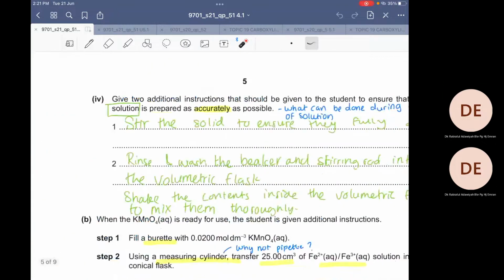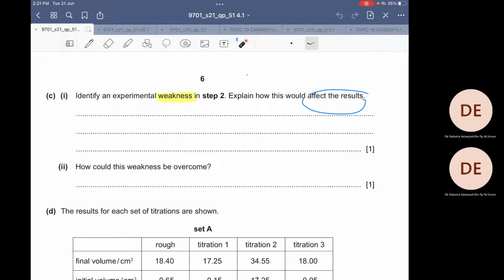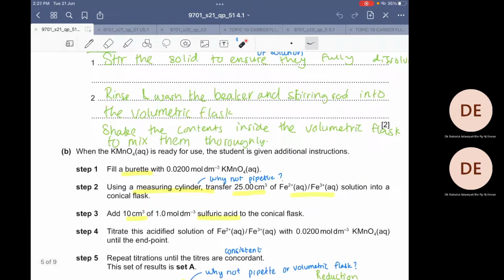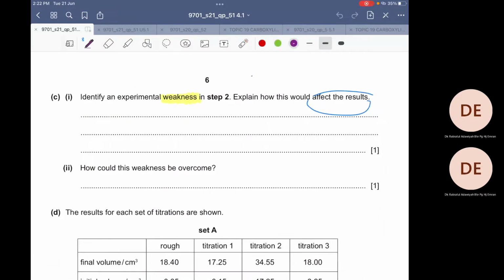So the first question: identify an experimental weakness in step 2. Explain how this would affect the results. So you can already see in step 2, I was already questioning it. The weakness is that a measuring cylinder was used to measure out the solution.